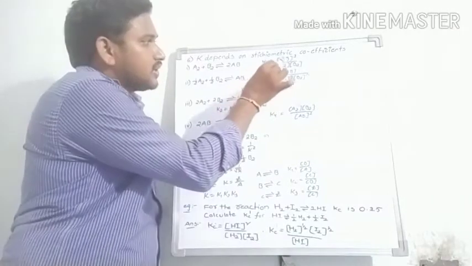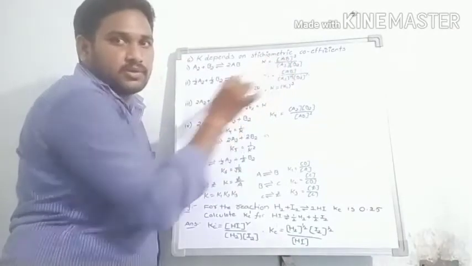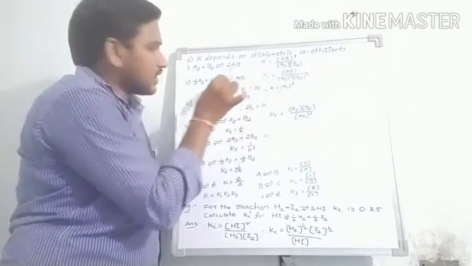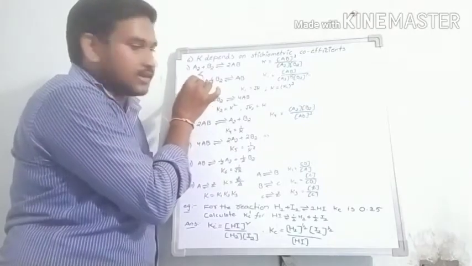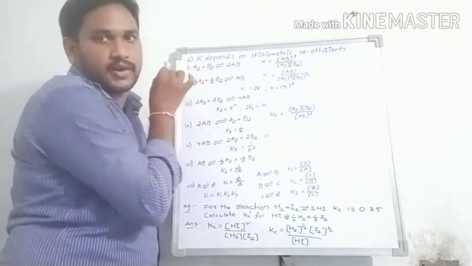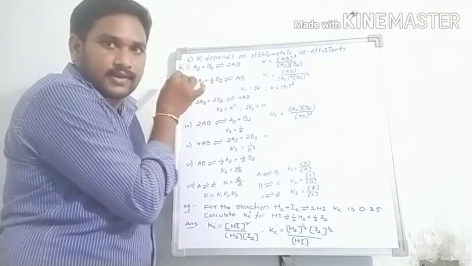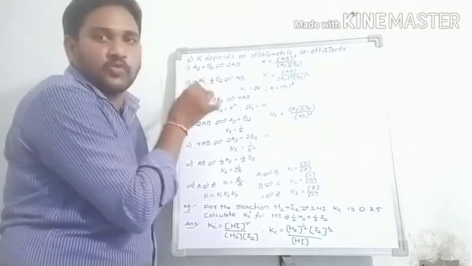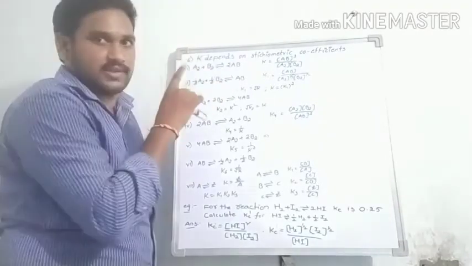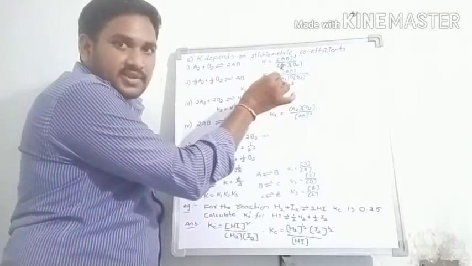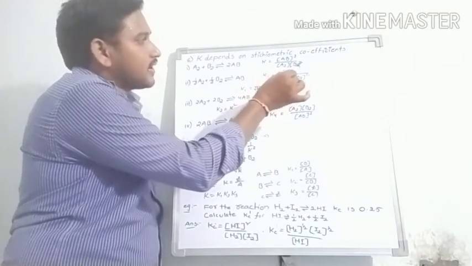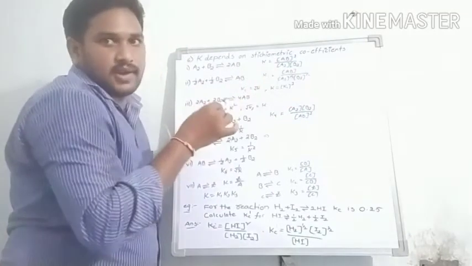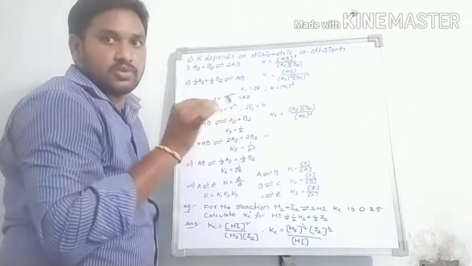So K equals concentration of AB whole square, divided by the reactants. In the reactants there is no coefficient, only one, so concentration of A2 and concentration of B2. Sir, clear or not? That is the most important point.